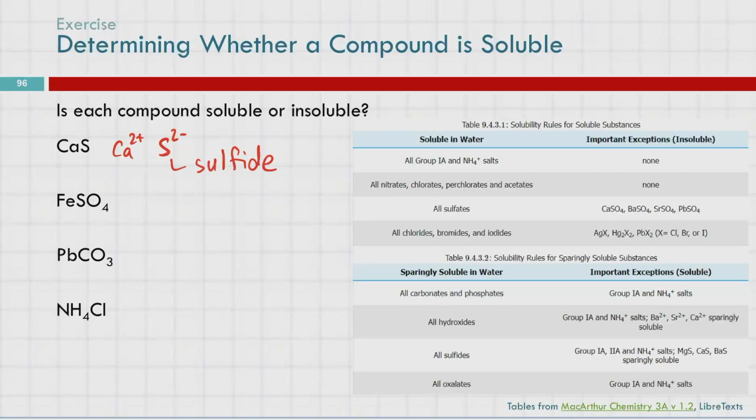Does anyone see anything about calcium in this left column, or maybe group 2A? There's nothing about calcium, so we look for the other one. We look for the sulfide, the S2-. Do we see sulfide anywhere in this left column? Yeah, we have all sulfides in the sparingly soluble, aka not soluble.